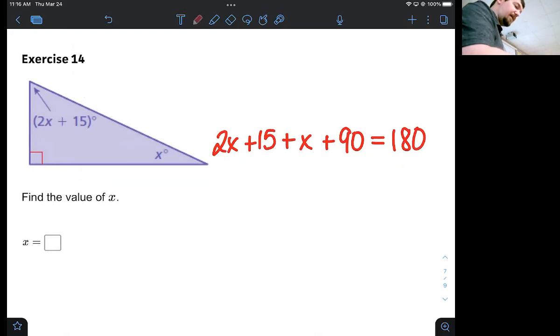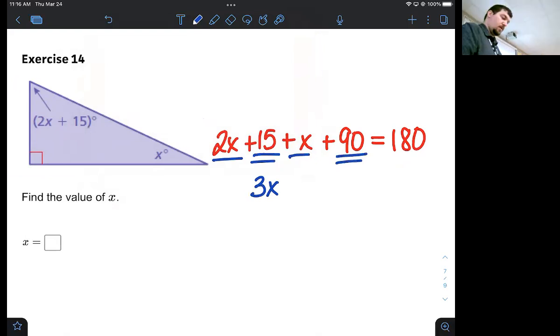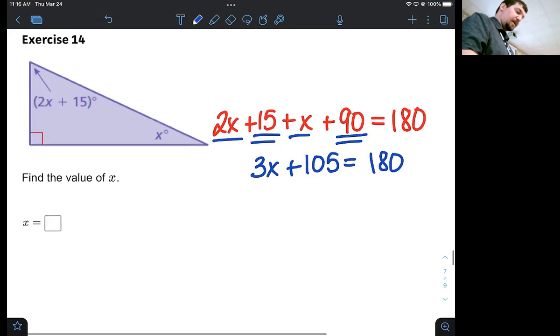And now I'm going to combine my terms, and there are definitely some terms that can combine. What does 2x and 1x make? 3x. What does 15 and 90 make? 105. So I can simplify that giant equation down to something that looks a lot more familiar to us. Do I get rid of the 3 or the 105? Yep, get rid of your constant term first.